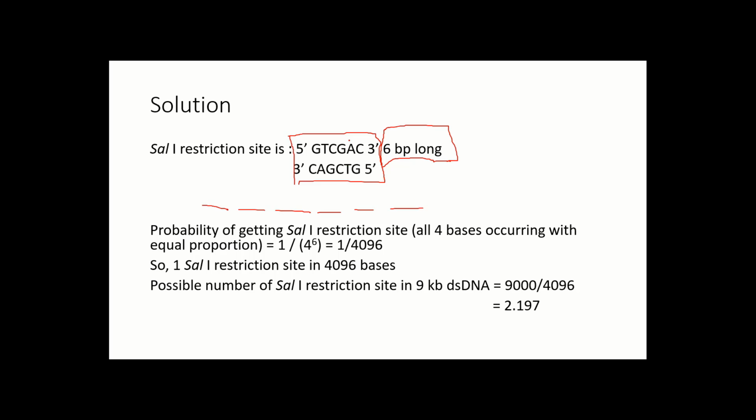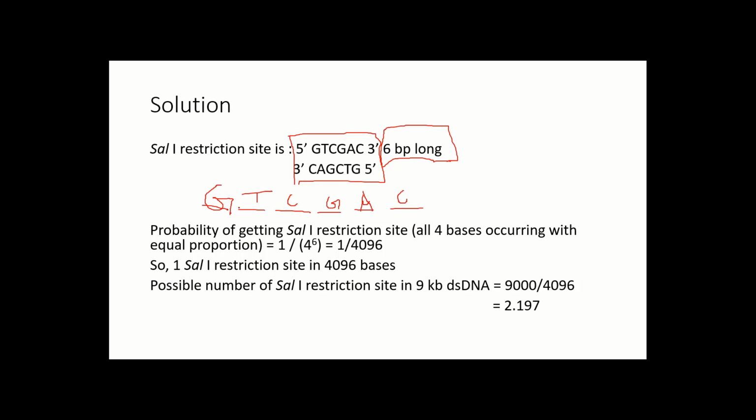Now in these 6 places, if you fill the first space by G, second by T, third by C, fourth by G again, fifth by A, and sixth by C, then only will you get a SalI restriction site, right? Then only this 6-nucleotide sequence will be a SalI restriction site.